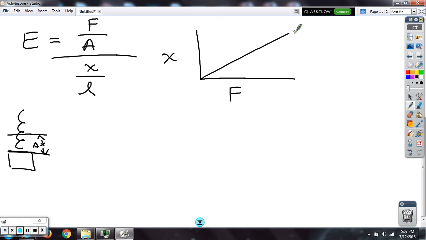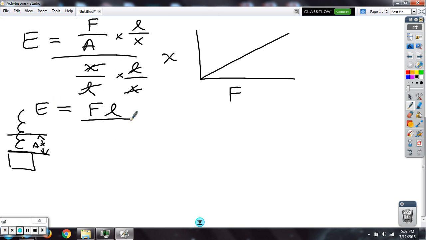But let's first off simplify this down. So I multiply top and bottom by the reciprocal of the denominator. That gets rid of this, and so I get FL, so E equals FL over AX.